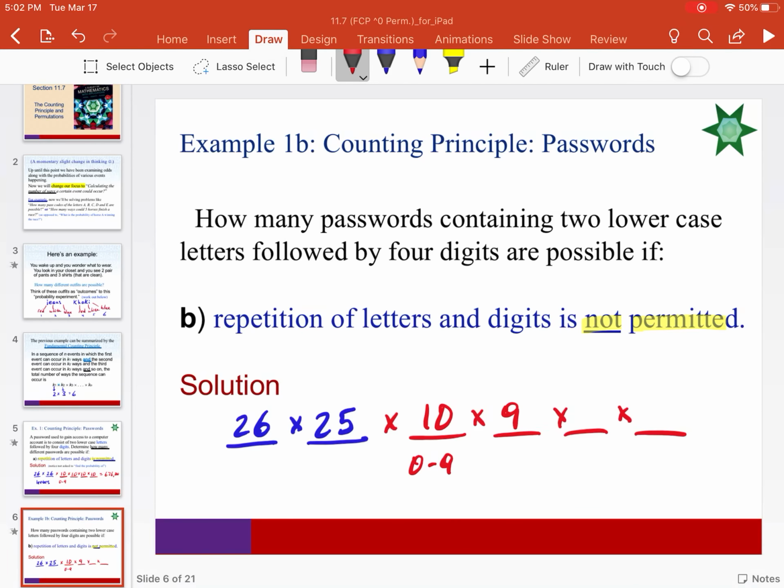Actually, oh my goodness, let's go back to this. I typed that number incorrectly, gang. That is not 676,000. It was 6,760,000. I got to read my calculator more carefully.